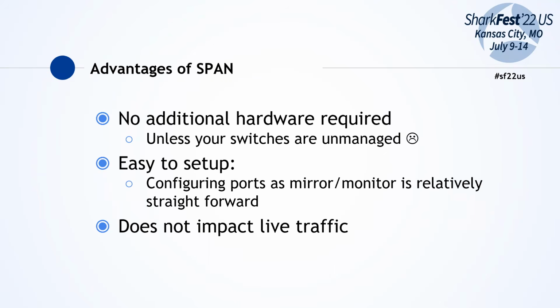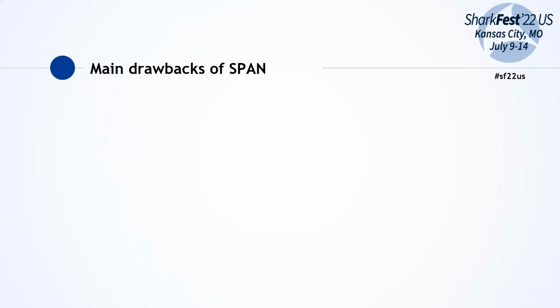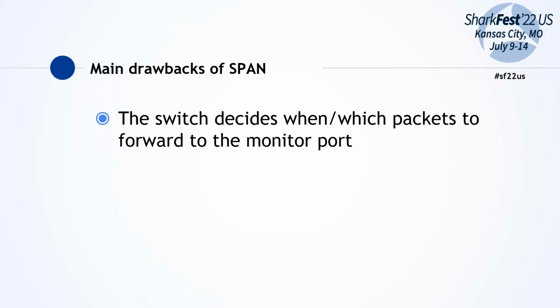Okay. So we do not have an impact on live traffic because we don't need to disconnect anything to do this. And the main drawbacks of span are the switch decides when and which packets to forward to the monitor port. So if it gets into trouble because there's a lot of traffic going on, it will drop packets, and the first packets it will drop are usually the span port session.